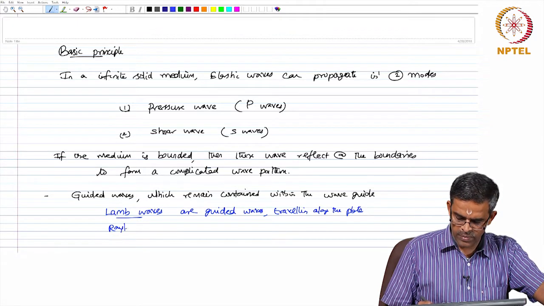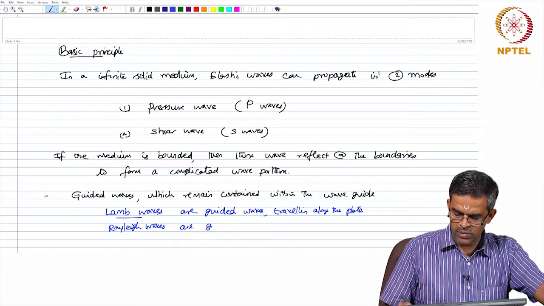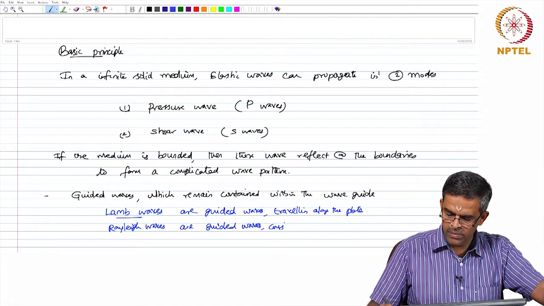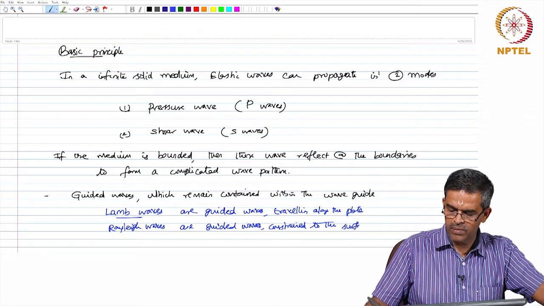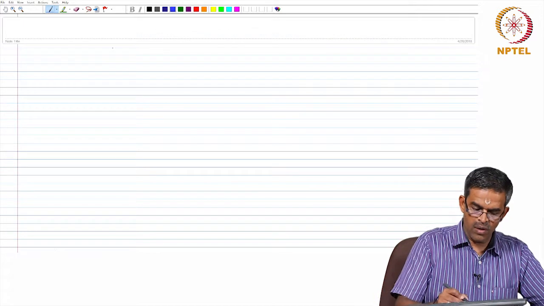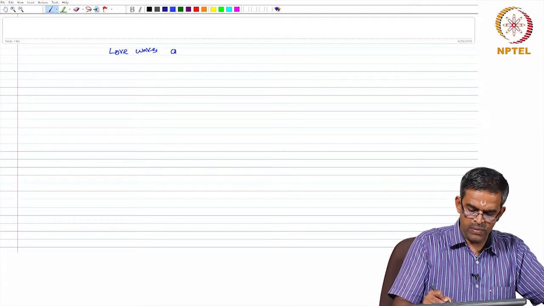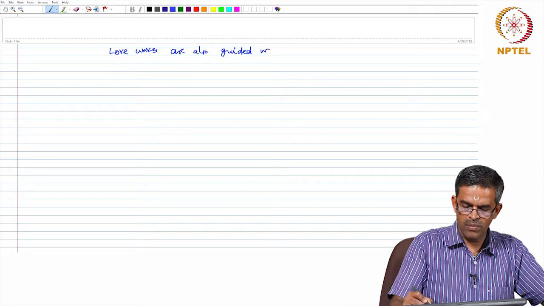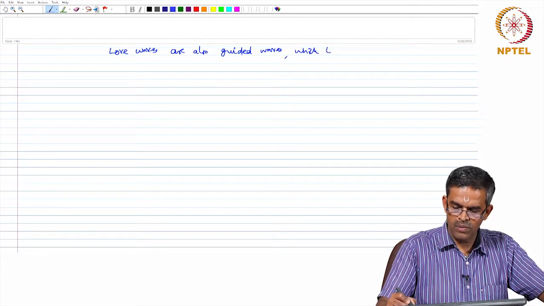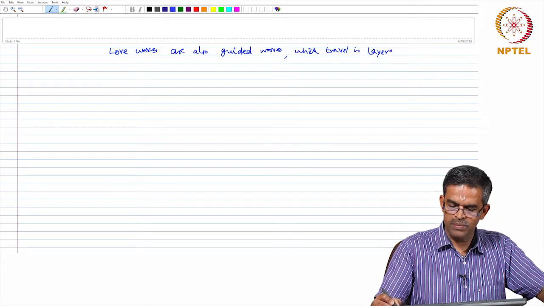Rayleigh waves are guided waves which are constrained to the surface. Love waves are guided waves which travel in layered materials.